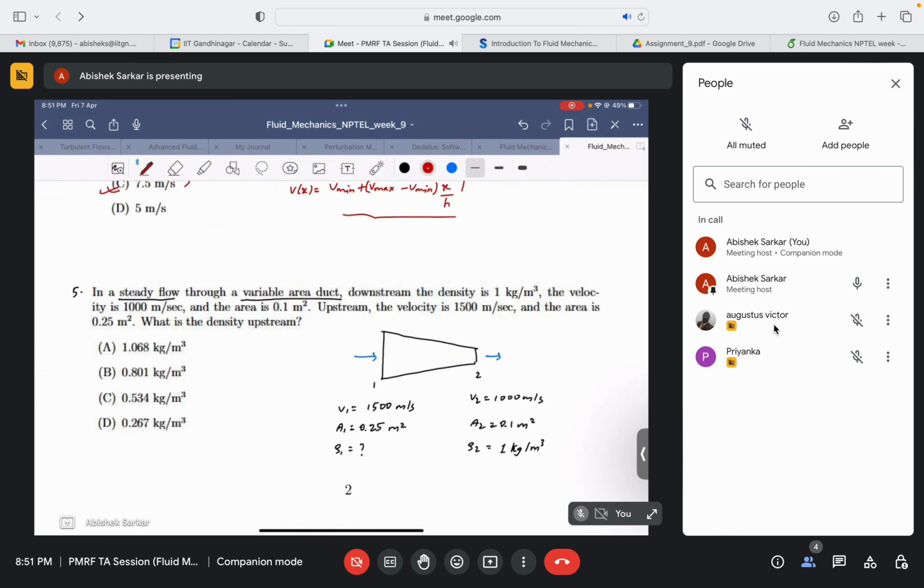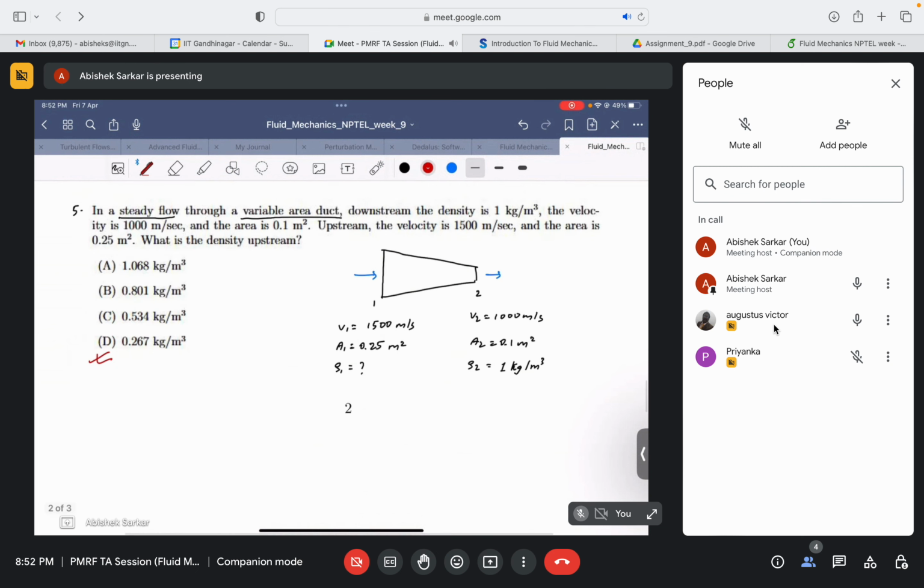Augustus, do you get the same answer? Yes, sir, 0.267. Okay. So interestingly enough, both of you are correct. It's the simplest question for today's session, right? Simple mass conservation.